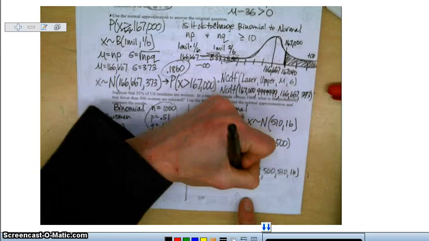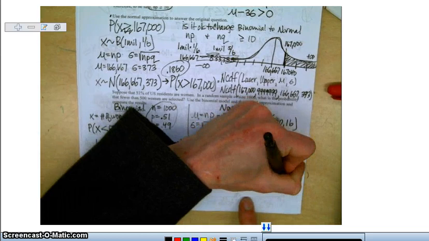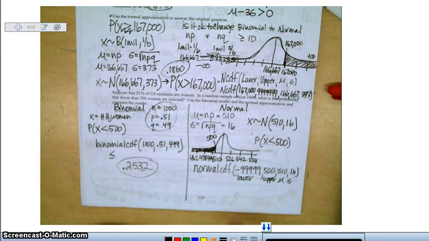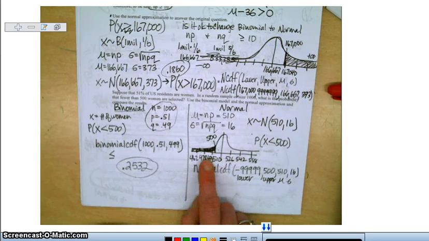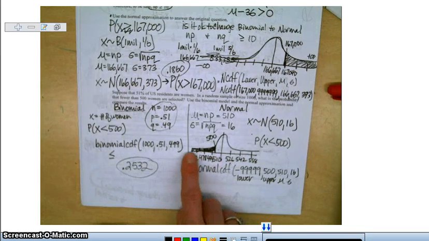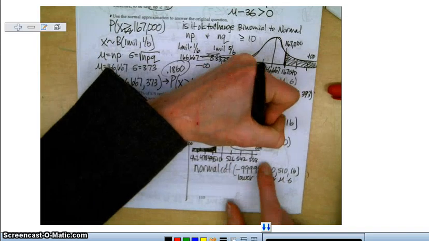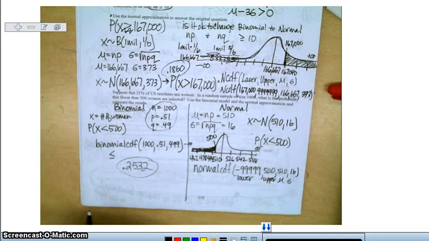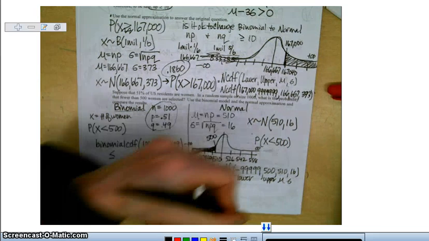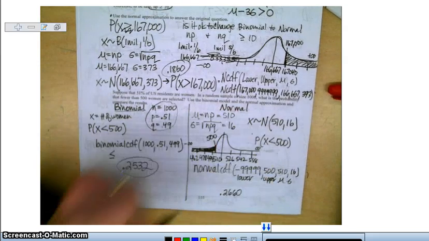So again, this was lower bound, upper bound, mu and sigma. Those are my commands that I type in, and it prompts you if you've got the right kind of calculator. We use the shaded part to tell us the lower bound. If you're shading all the way over here, it's always negative infinity. If you're shading up here, it's always positive infinity. And what do you get when you do that? 0.2660.